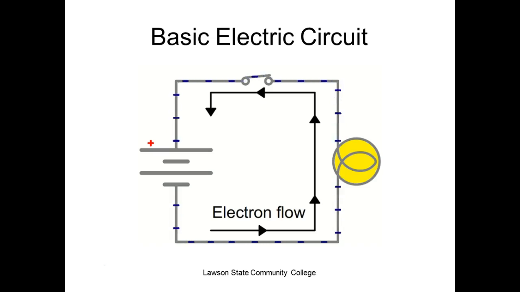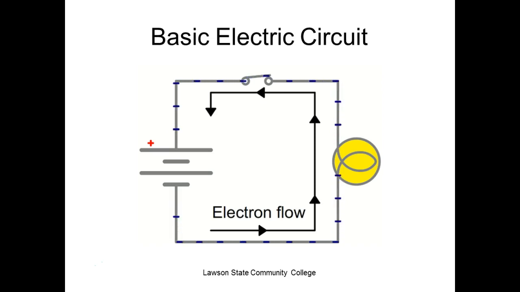Guys, some books teach conventional current. There's still a lot of engineering classes that teach that, but it doesn't change anything. It doesn't change any formula. The only thing it changes is your rule for magnetism, when you create an electromagnet, trying to determine which is the north and which is the south. For conventional current, it might be the right-hand rule.